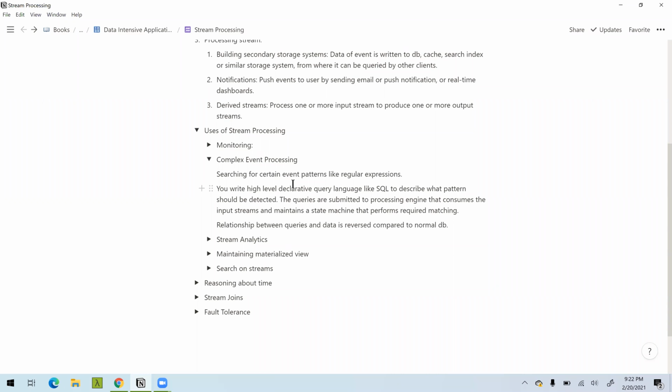And then your stream processing system will be continuously processing the streams, looking for the pattern which you have saved.